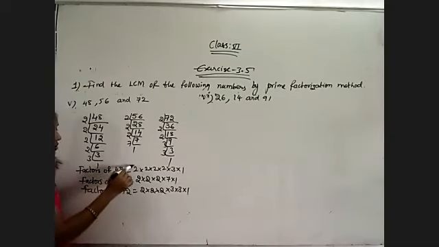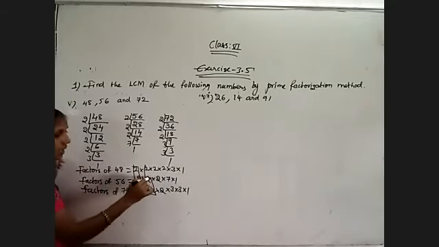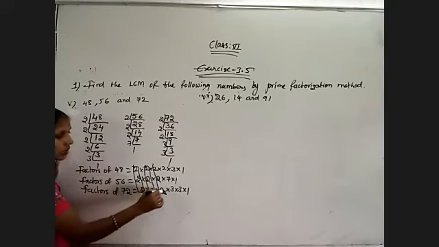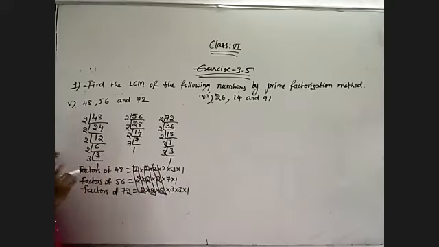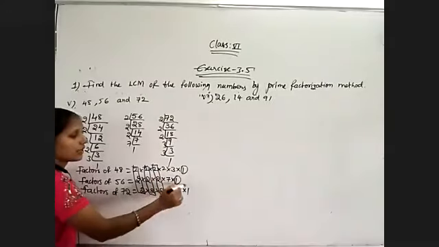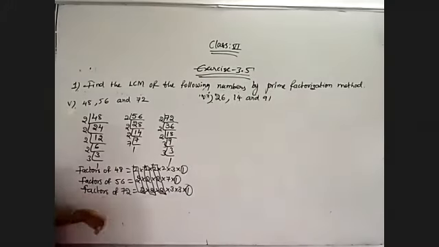So one 2 came 3 times. That is one of the common factors. Another 2 also came 3 times. Again, another 2 also came 3 times. And remember, 1 is common for every number. Whenever we are finding the common factor, in case of HCF and LCM, one difference is there.